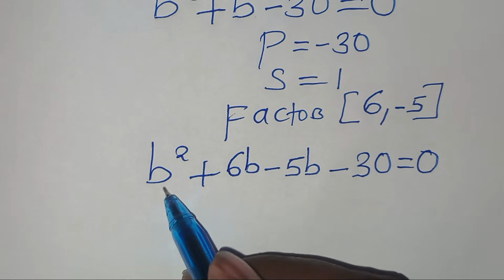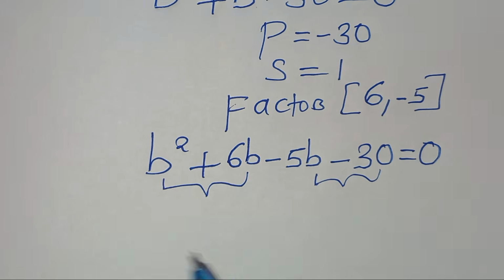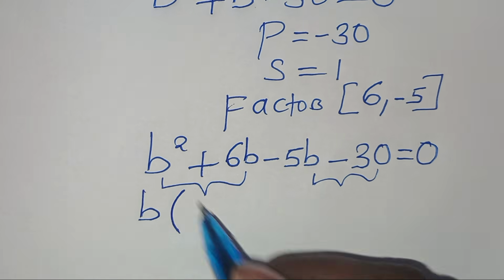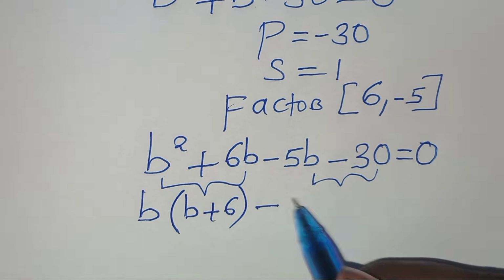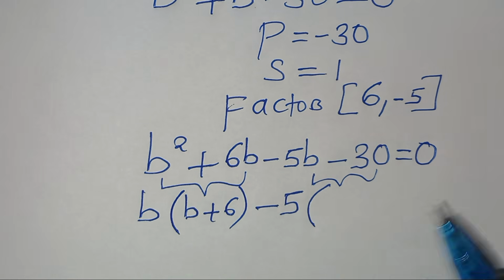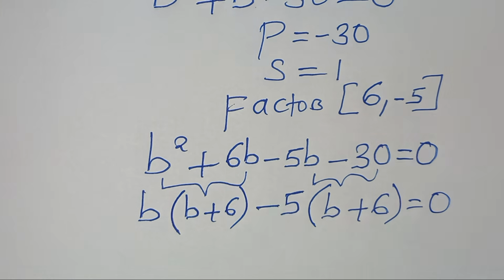So we have got two parts here. From the first part, b is common. Let's factor out b, so that we have b plus 6, minus, in the second part, 5 is common. Factor out 5, so that we have b plus 6, equal to 0.